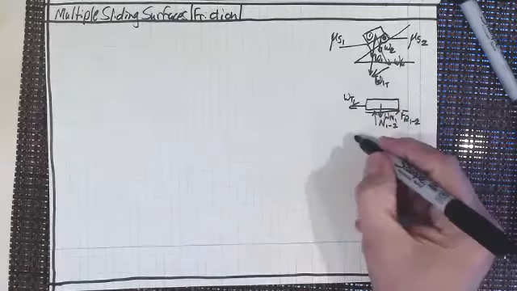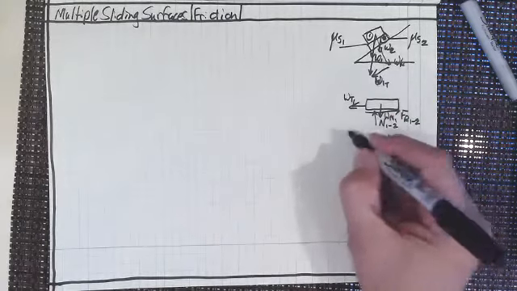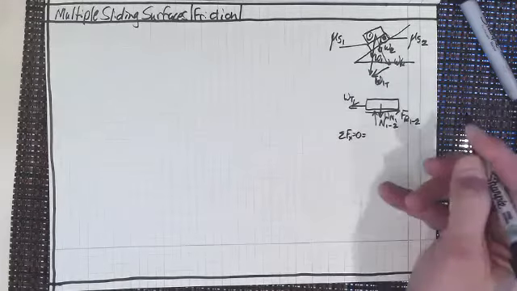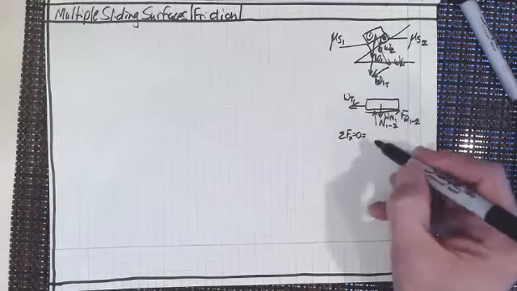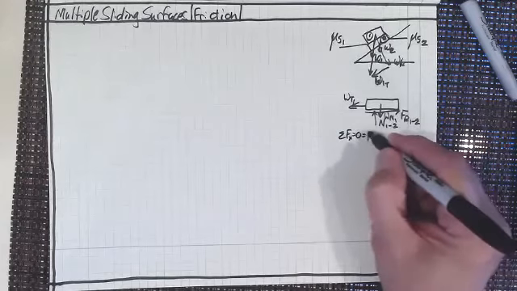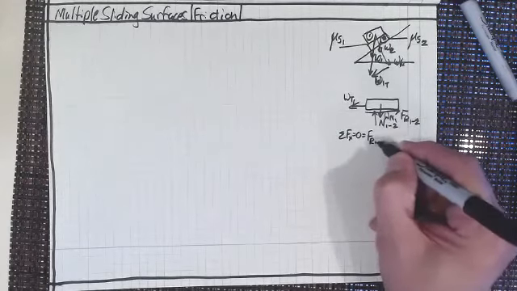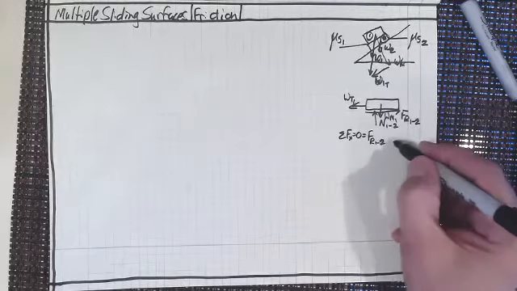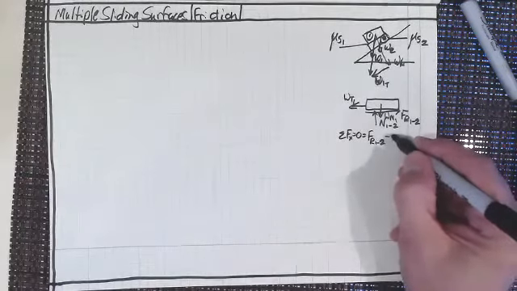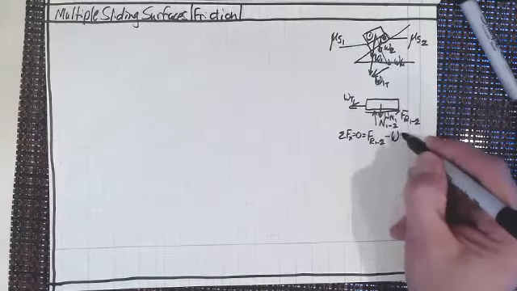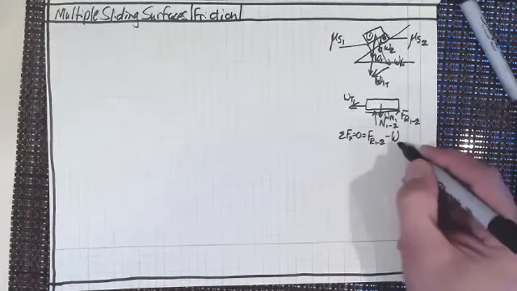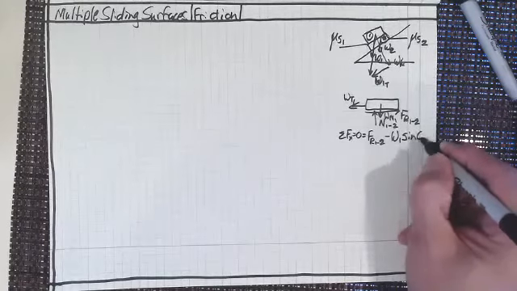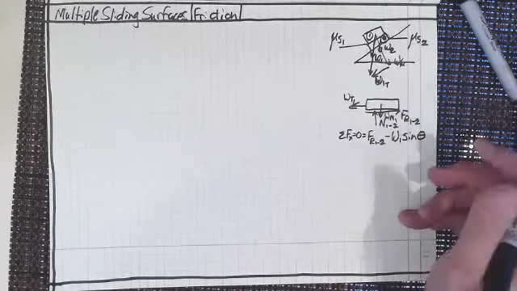So let's sum the forces in the x direction equal to 0 for this, and I would have F sub R 1-2 minus W1 times the sine of theta, whatever theta is.